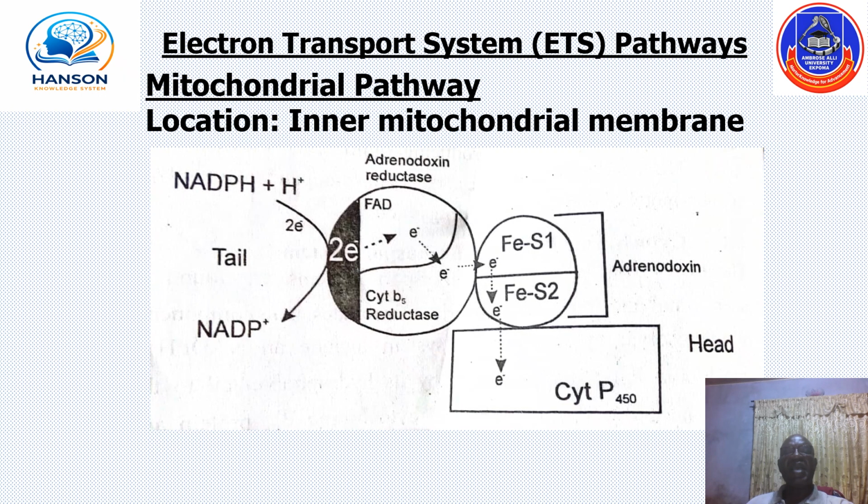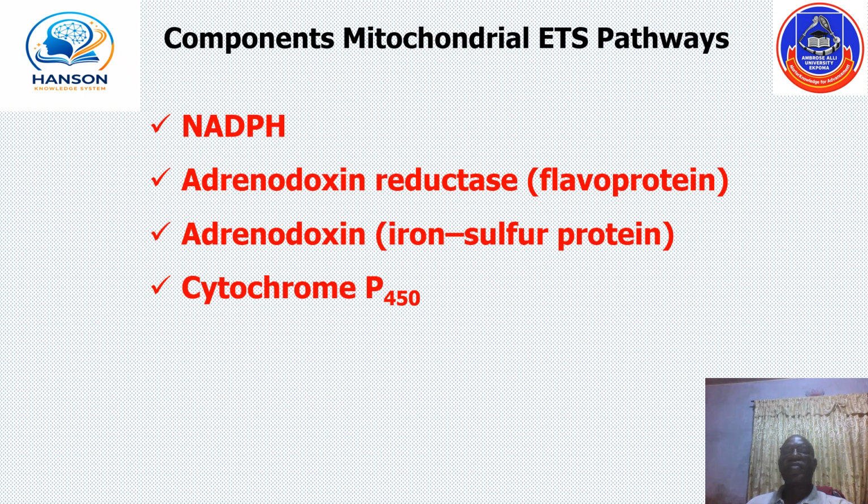Here you can see the NADPH donating the 2 electrons to FAD and then iron sulfur protein that is present in the adrenodoxin, and the subsequent transfer to cytochrome P450. We have seen the picture.